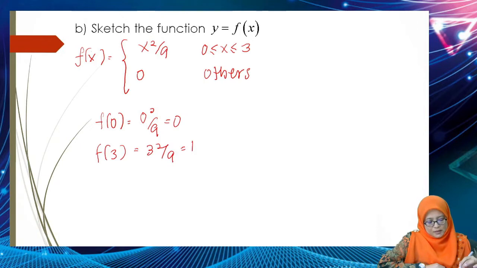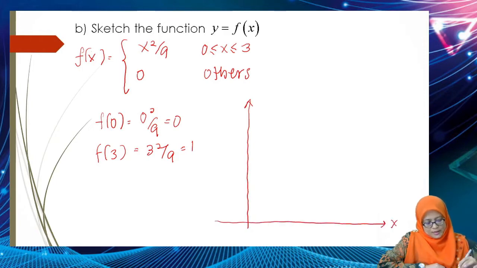Okay, so then based on these two values, kita akan sketch kita punya graph. So this is x, so this is f(x). Okay, so for x you have values 0 and 3. So for x equal to 0, you get f(x) is 0, so the point is (0, 0).